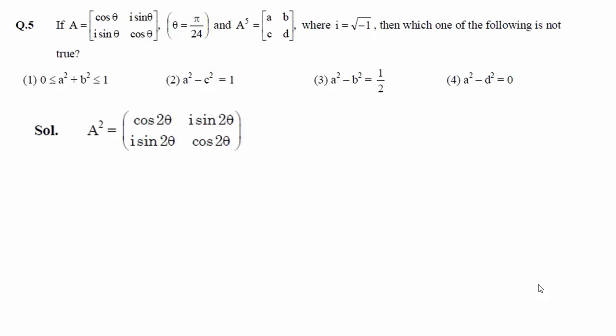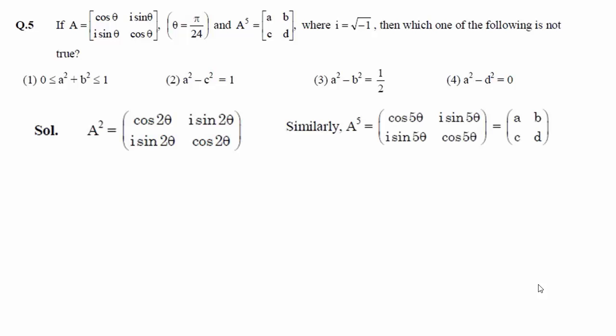Solution. A equals the matrix [cos theta, i sin theta; i sin theta, cos theta]. If you take the square, A square equals [cos 2 theta, i sin 2 theta; i sin 2 theta, cos 2 theta].